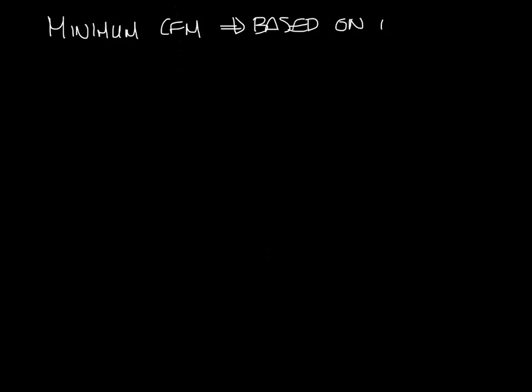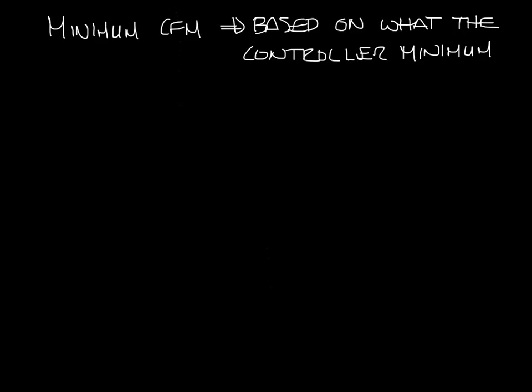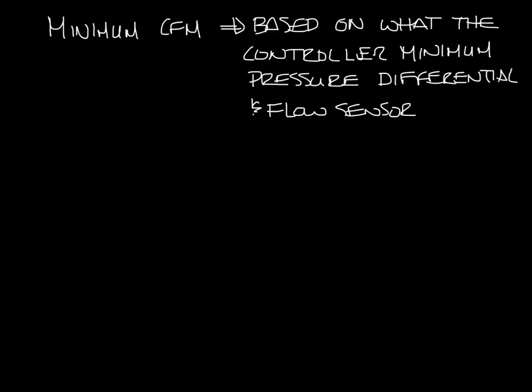First, it's based on what the VAV controller can read as a minimum pressure differential signal from the flow sensor. Since the signal is coming from the flow sensor, it also is based on the flow sensor signal.